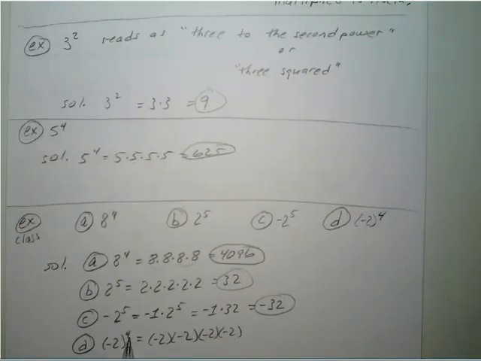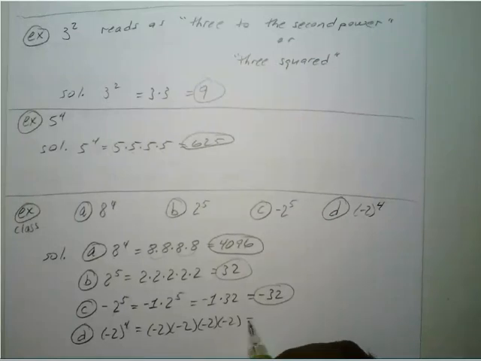But the exponent 4 here, because it's around the whole parentheses, everything in that parentheses applied to that exponent. So that's why the -2 applies to that, but the 2 only applies to the 5. Okay, so you have -2 times -2, which is +4. +4 times -2 is -8. -8 times -2 is +16.